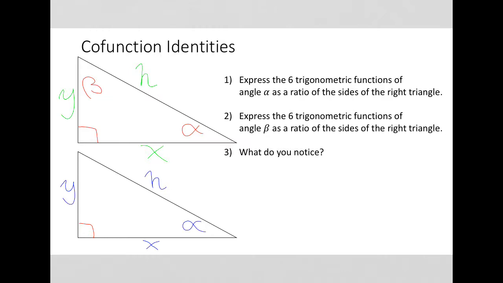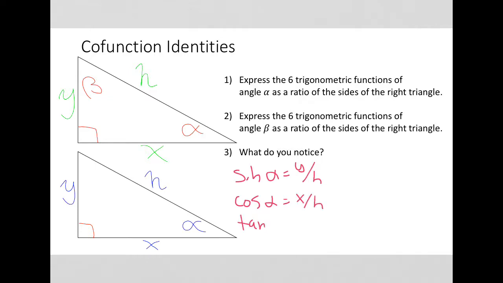So number 1 there says express the 6 trigonometric functions of angle alpha as a ratio of the sides of the right triangles. So what it's saying is that sine of alpha is opposite, which is y, over hypotenuse, which is h. And cosine of alpha is adjacent, which is x, over hypotenuse, which is h.